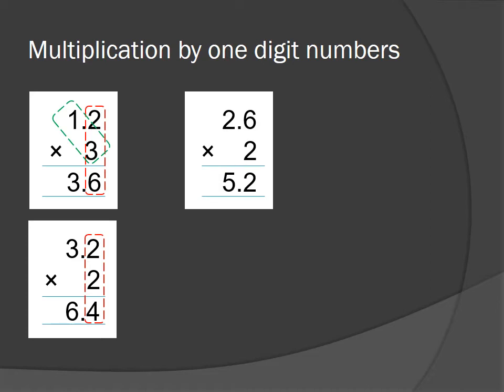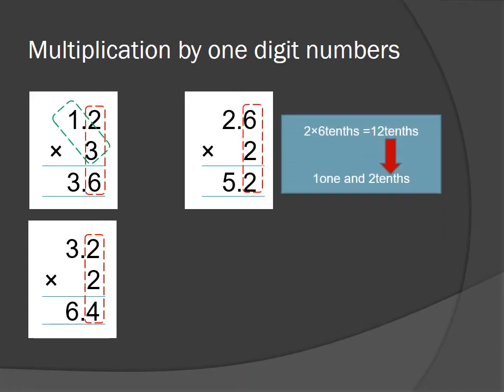Next example, 2.6 times 2. You want to multiply 6 by 2. 2 times 6 tenths. That number 6 is in tenths place. 2 times 6 is equal to 12.